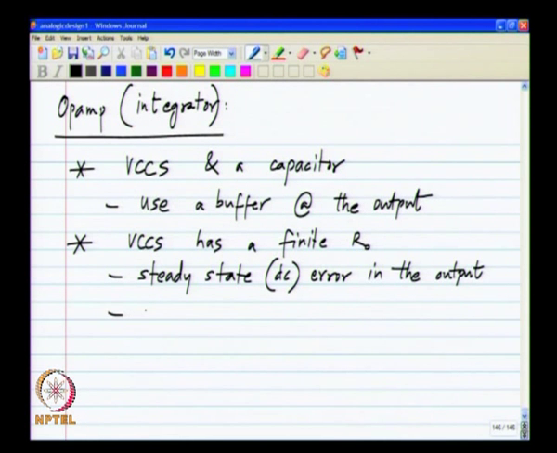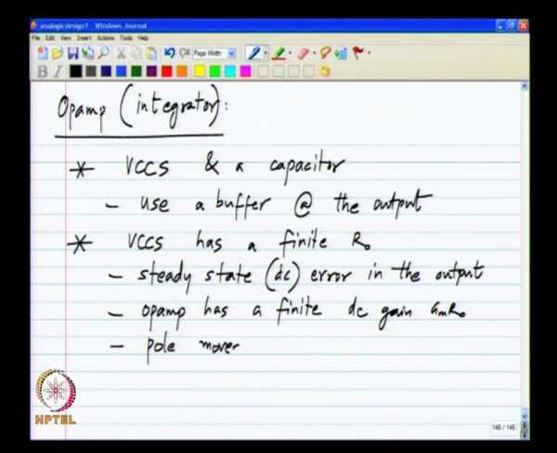Equivalently, we can think of this as the op amp has a finite DC gain GMRO, and because of this the pole moves from the origin to minus 1 by CR naught.